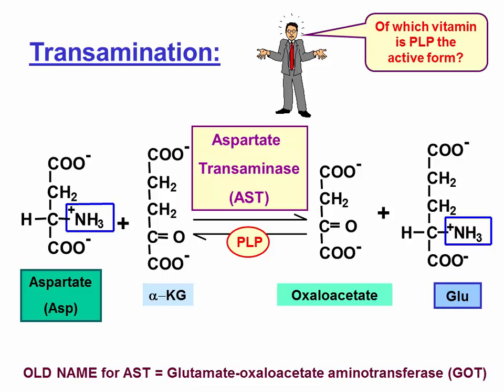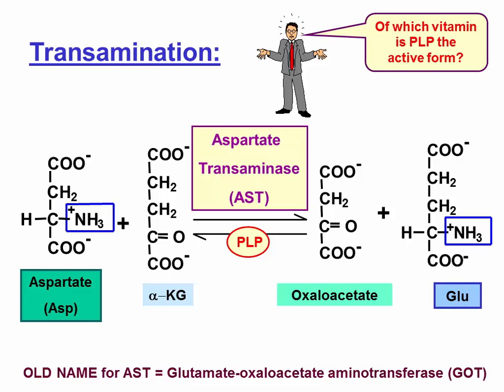Okay, so pyridoxal phosphate. The most common transamination reactions are AST and ALT, which I will show you at some point. I have them in sequence on both slides.